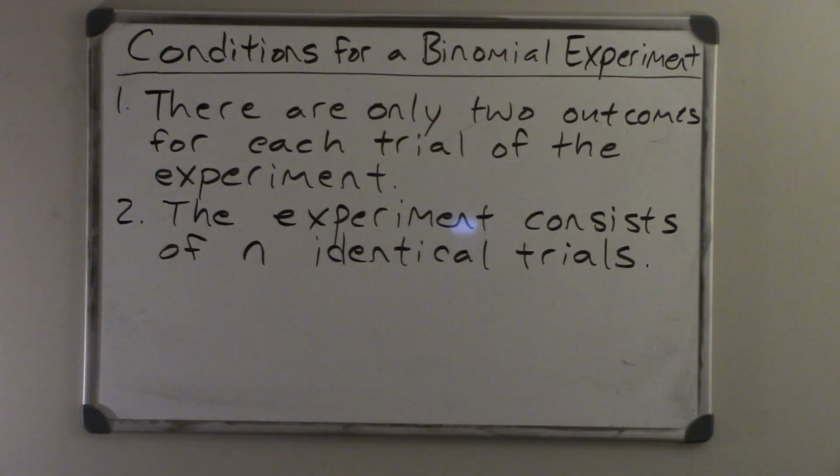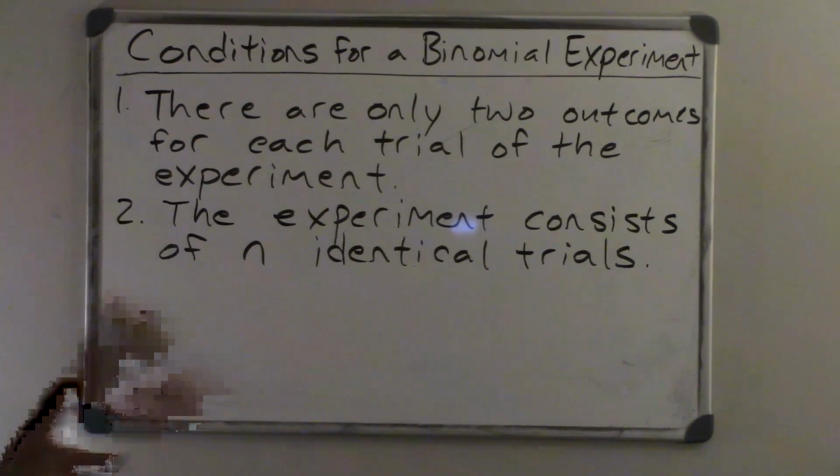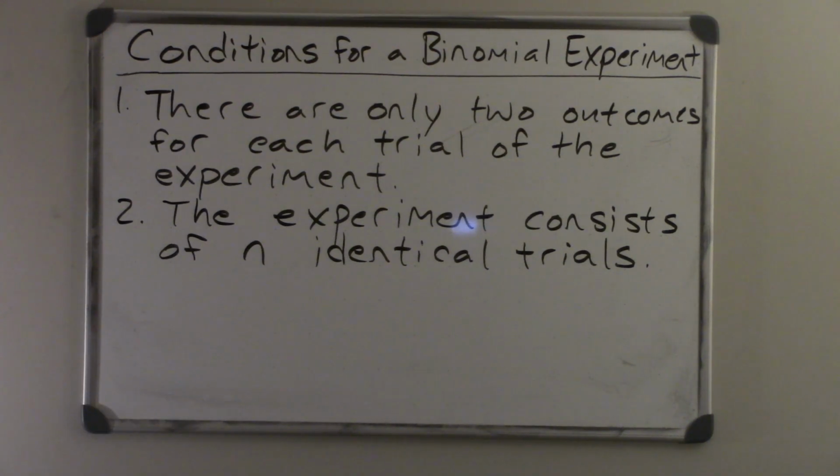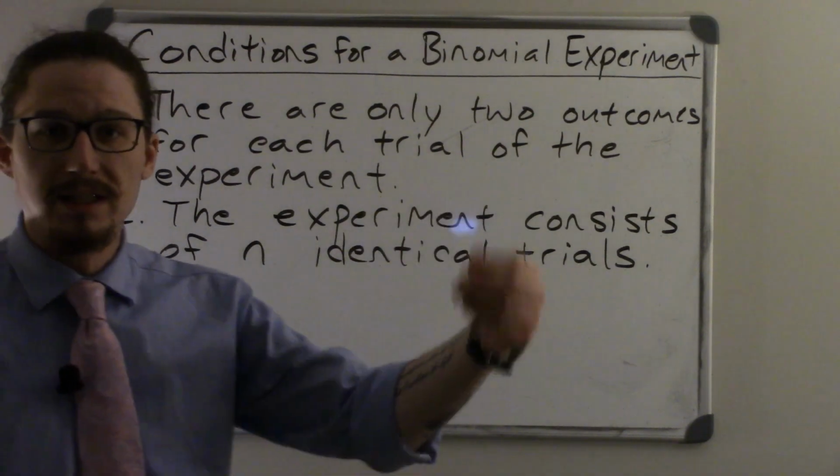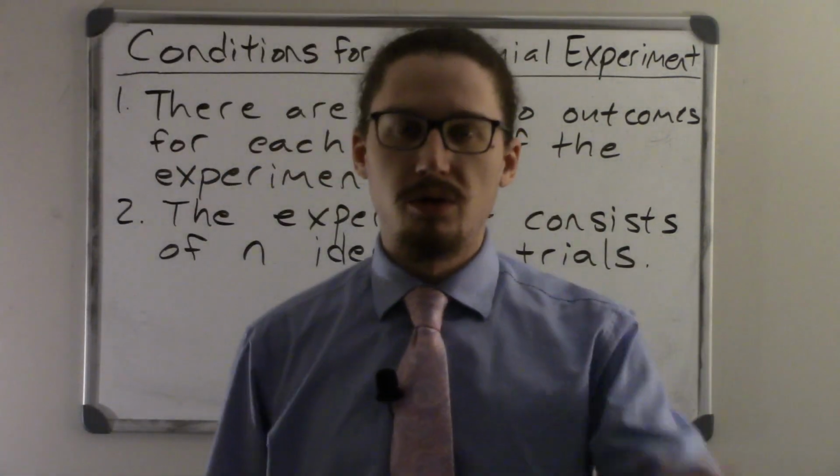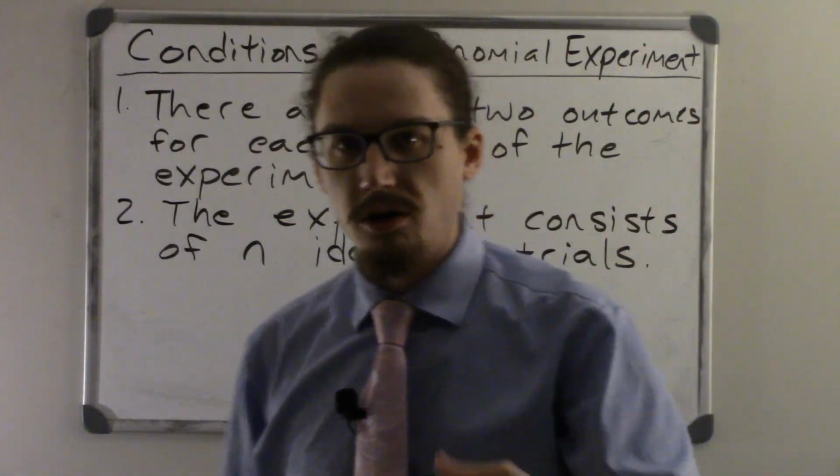But we can have, say, we're going to flip the coin 6 times, or however we are going to do that. We are going to have n identical trials, and they do need to be identical. We're flipping a coin 6 times in a row. We're not flipping a coin, rolling a die, drawing a card.